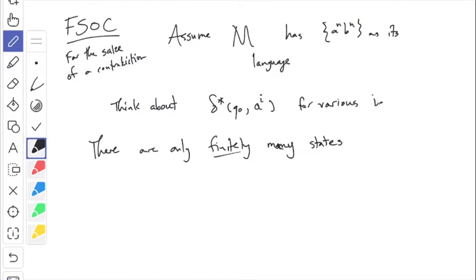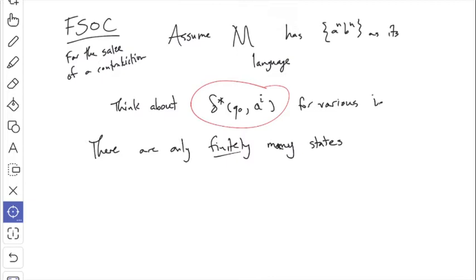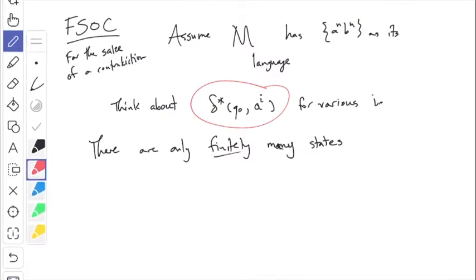And what that means is these guys here, for various I's, they must repeat after a while. Some of them must equal one another. When you start in the starting state and just do A over and over again, eventually it'll have to revisit one of the states it already visited. That's because there's only finitely many states, so you can't just keep on going somewhere new every single time, right?